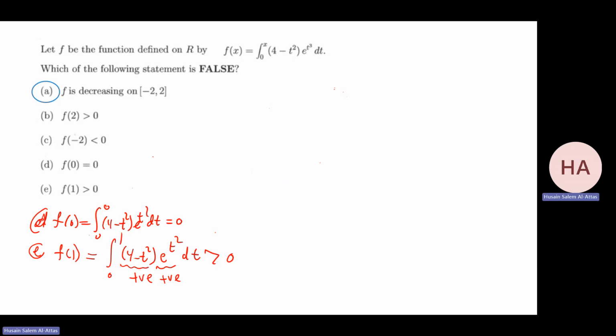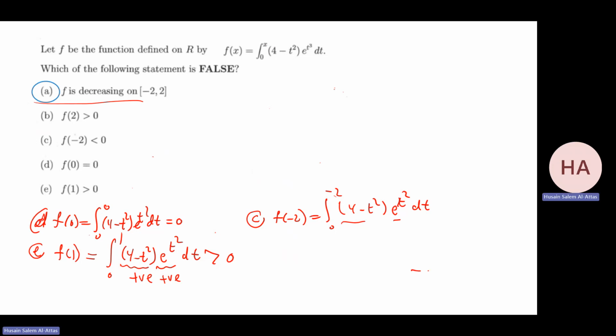F of minus 2, A, C. I'll do A at the end. C. F of minus 2, that will be what? 0 to minus 2, 4 minus t squared, e to the t squared dt. The control is here because this is always positive.